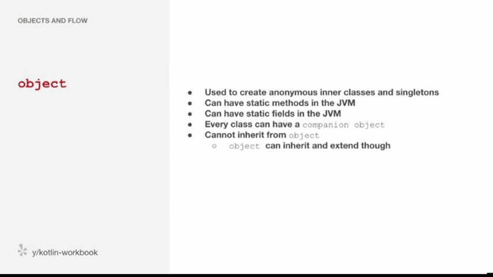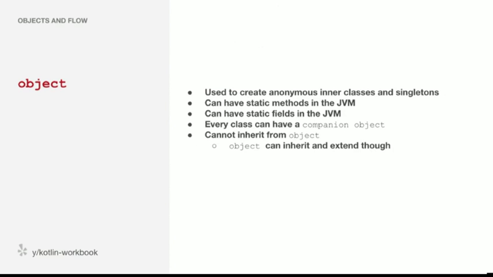Object also allows us to have static methods on the JVM as well as static fields. You have to use a couple extra keywords. One mentioned before was const for your static fields. And then for methods, you'll see in a second here, we annotate that with @JvmStatic. That makes it play nice with Java and work as expected for a static method.